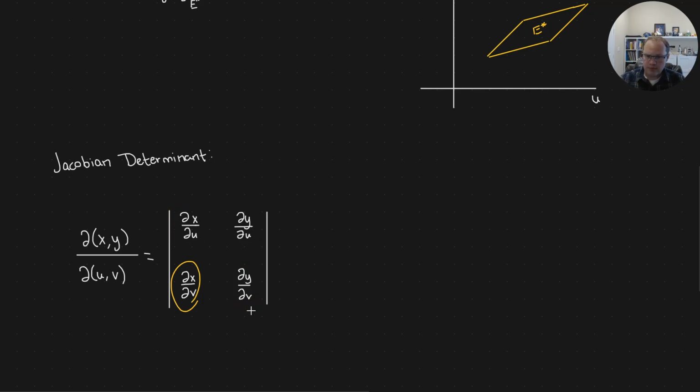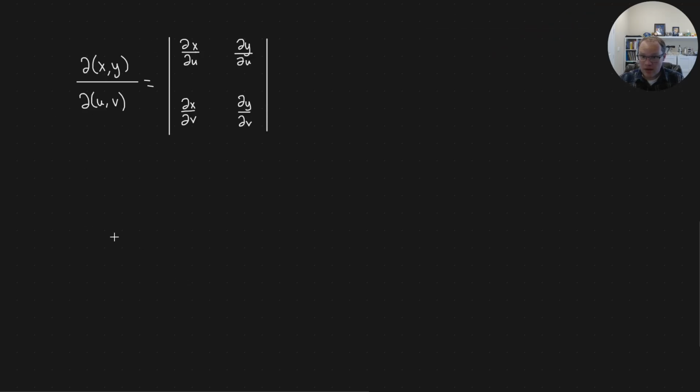Okay. Now this is the Jacobian determinant when we're integrating over 2 variables and we're changing to 2 other variables. It's a similar situation when we have 3 variables. Maybe we're starting with x, y, z, and we're changing to 3 new variables, u, v, w.